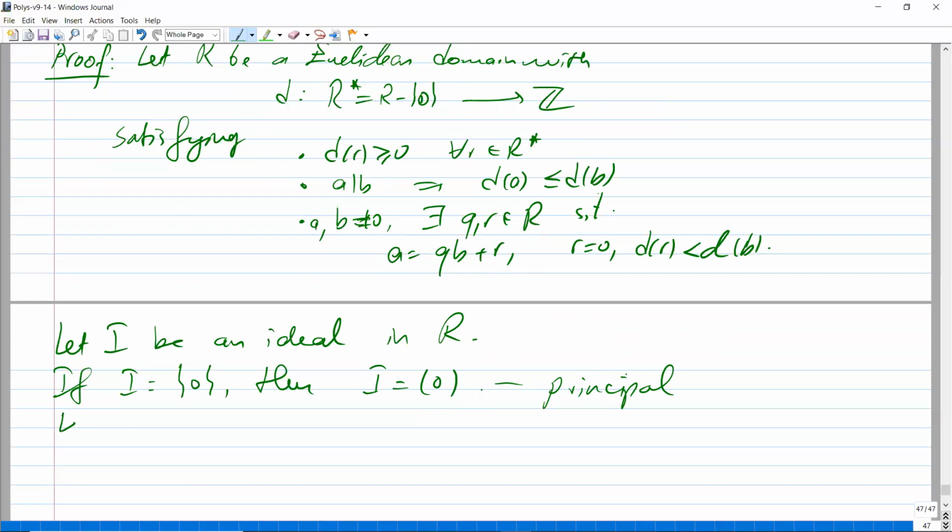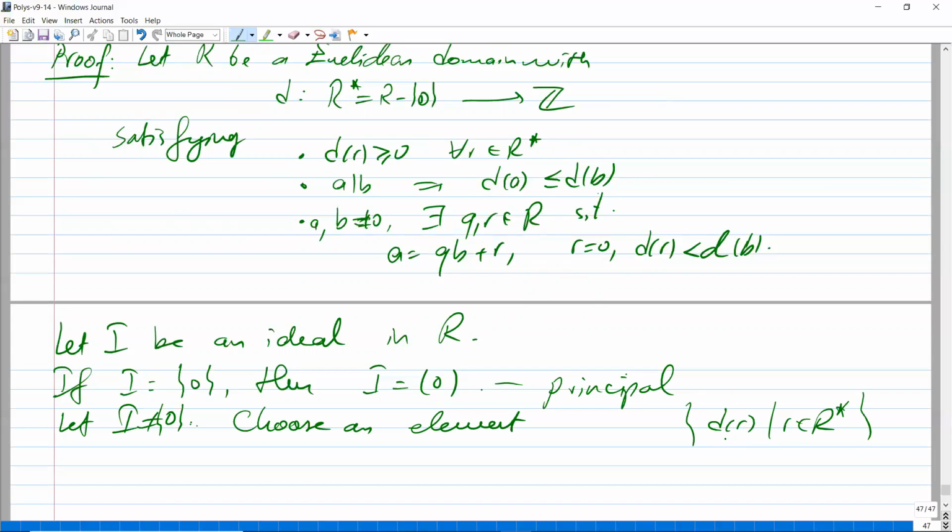Now let I be not 0, and choose an element. You look at d of r, where r is in R star, and all these are greater than or equal to 0. You look at the smallest one.